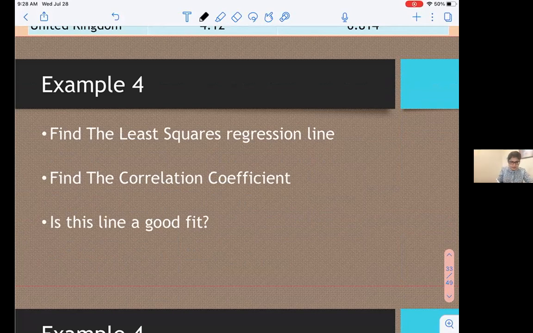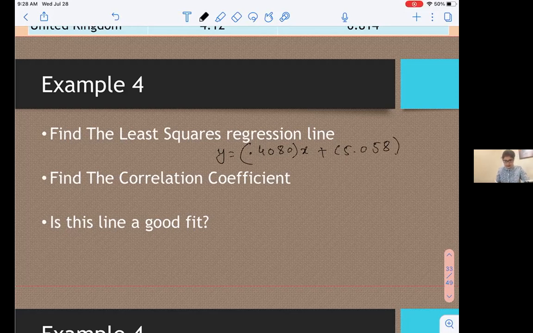So this is Y equals, up to 4 decimal places, 0.4080 X plus B, which is 5.058. So this is the least square regression line, and the correlation coefficient is R equals 0.78 up to 2 decimal places.